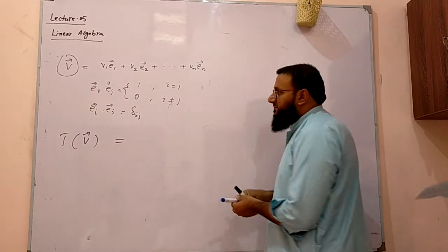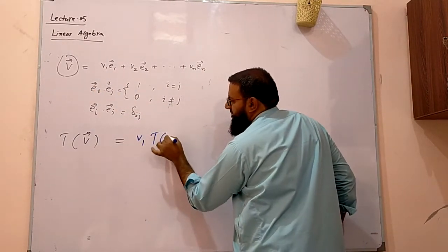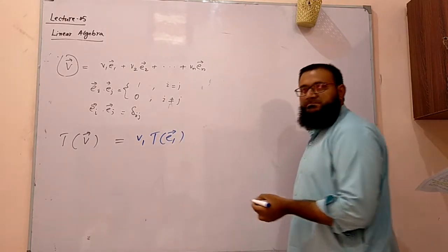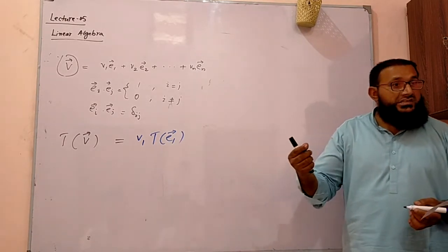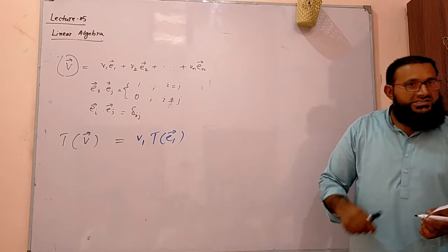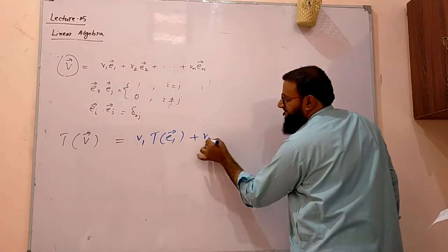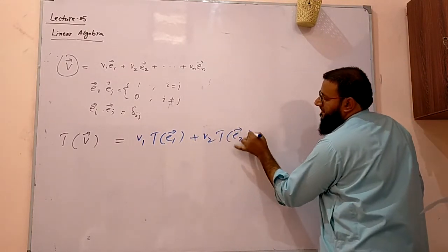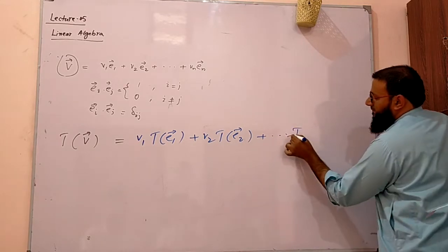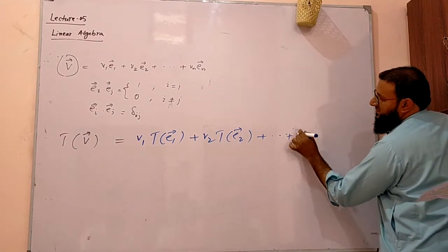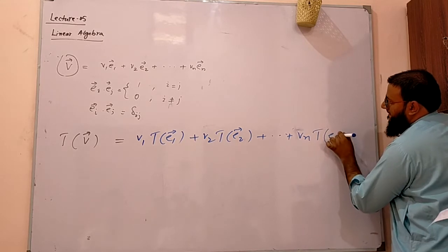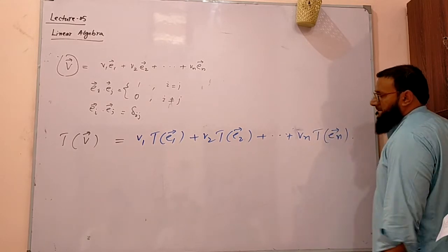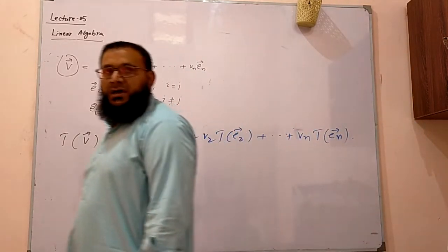It's a constant. So it is same as this, because linear transformation is always applied on vectors, not scalars. Then up to vn. Are you okay up to here?